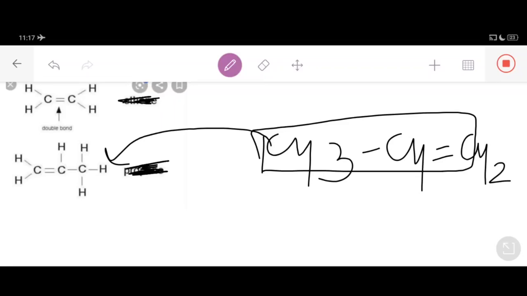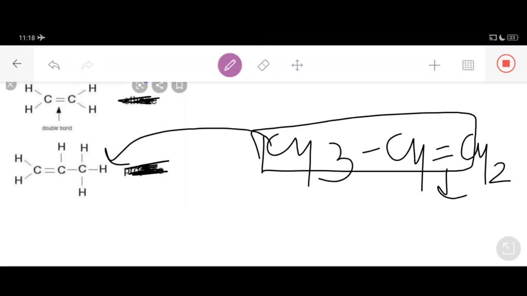Now, the rule will change the moment we have to number the carbon chain. We have to number the longest carbon chain from that side where you will see the double bond.